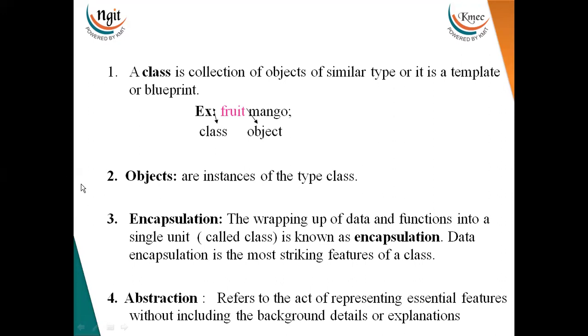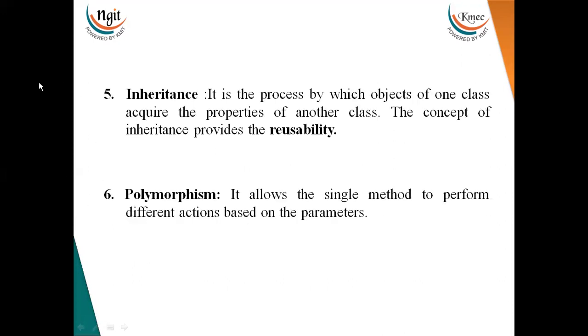Now coming to the next one, inheritance. Sir, what does this inheritance mean? Let's say you have a class. It has some ABC features. Sir, I'm writing one more class. The first class, assume it as X. Next class, assume it as Y. Sir, in the Y class, whatever features are there in the X class, the same features I want to take in the Y class.